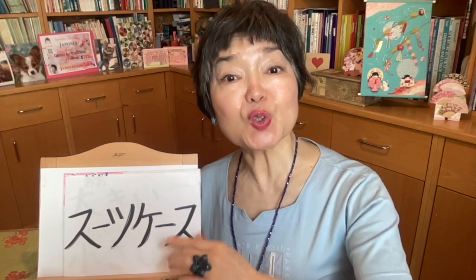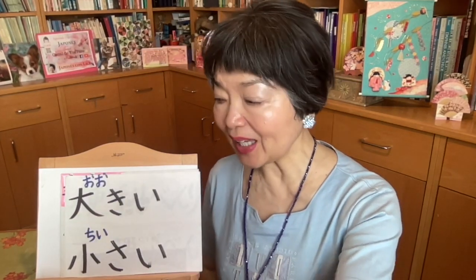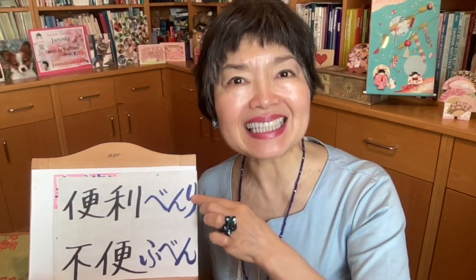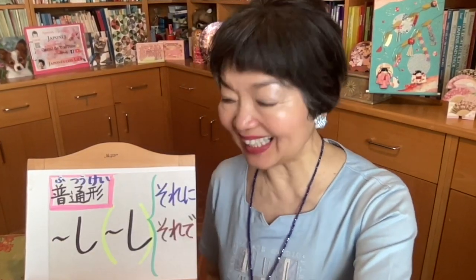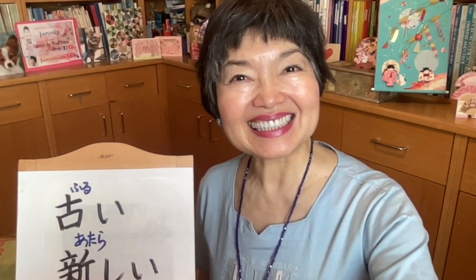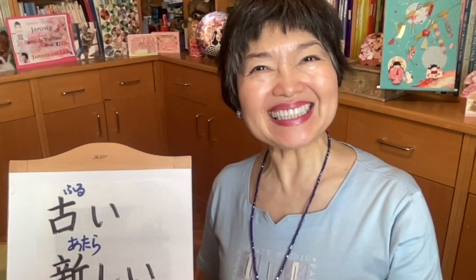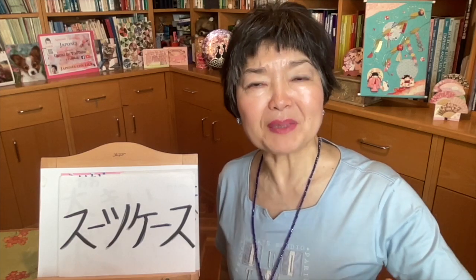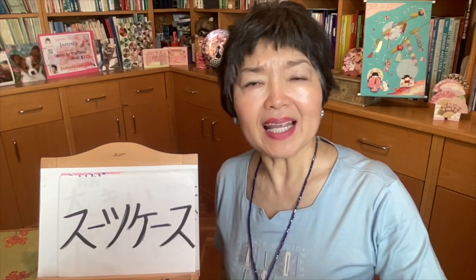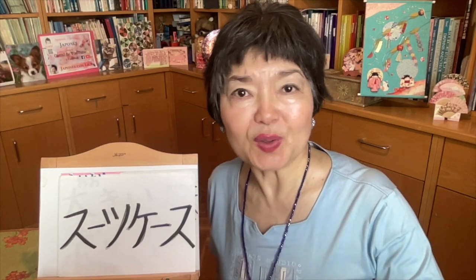If I want to say this sentence using し, then the last one, a little bit old, I must change to new. 私のスーツケースは大きいし、便利だし、それに新しいです。Other possibility, everything is negative. It means my suitcase is small and not useful.